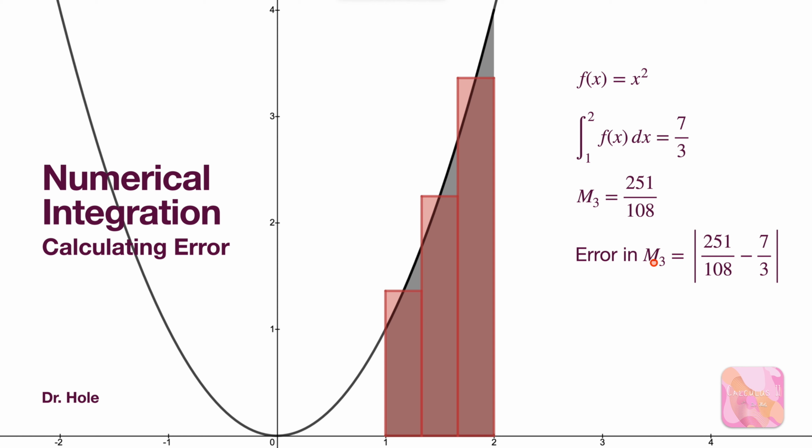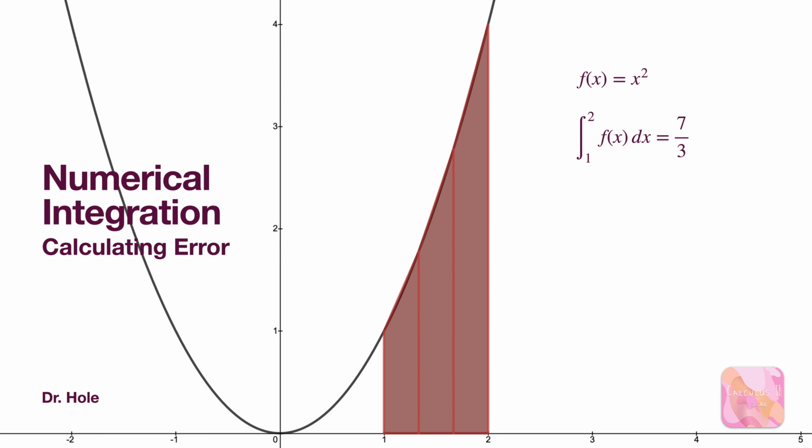And the error that it produces would be the difference of these two terms in absolute value. We find that the error is 1 over 108. All right, straightforward.